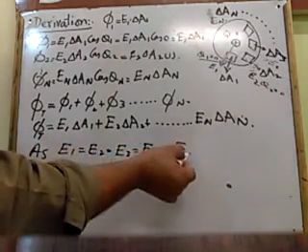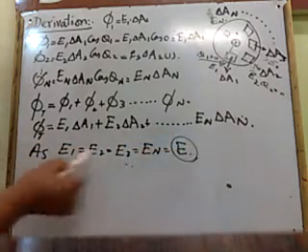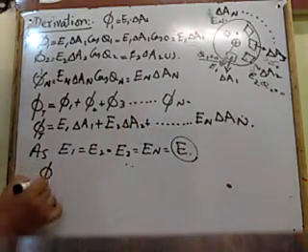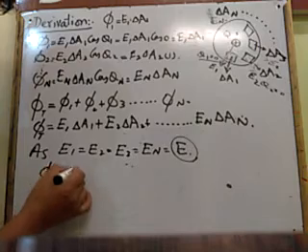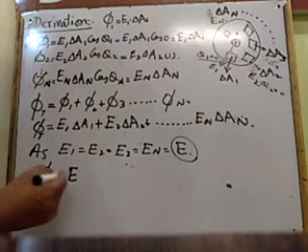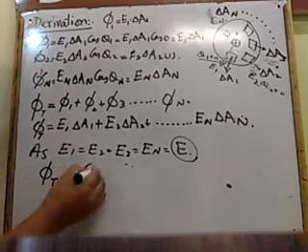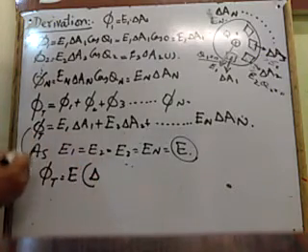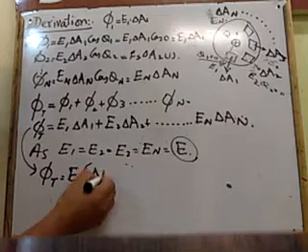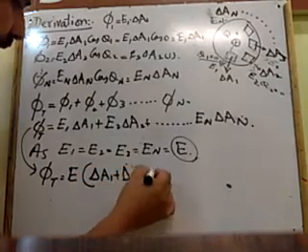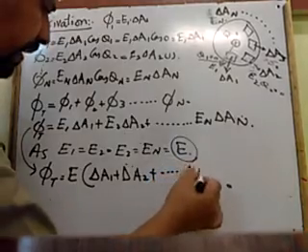We can put this E instead of E1, E2, E3 in the above equation, and we can write total flux is equal to E. As E is common, we can take it outside as a common factor. So finally this equation becomes E times delta A1 plus delta A2 plus delta An.